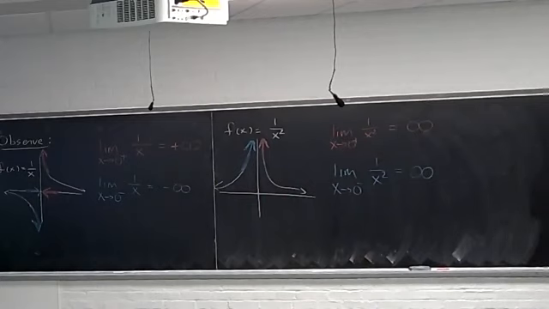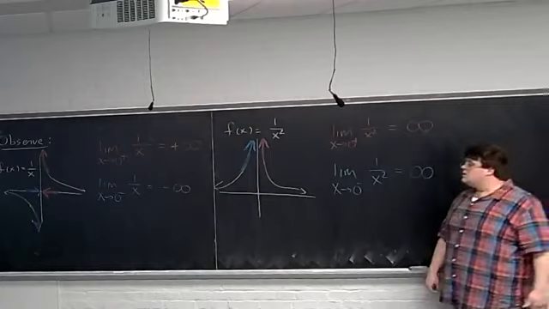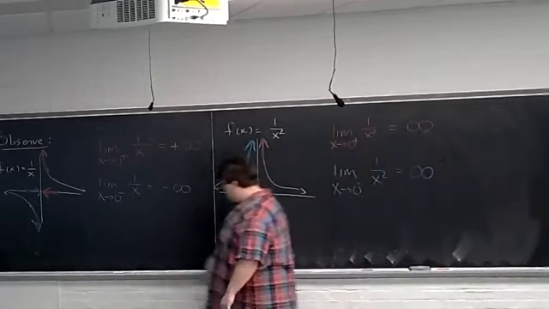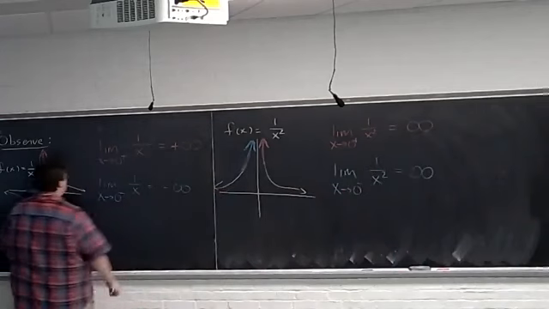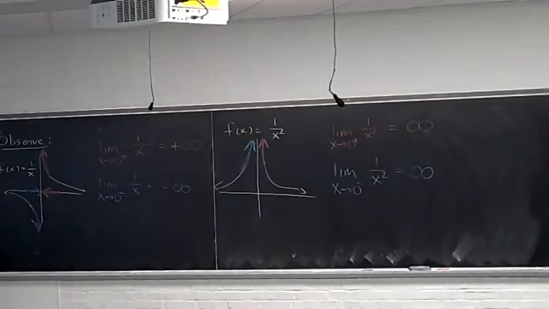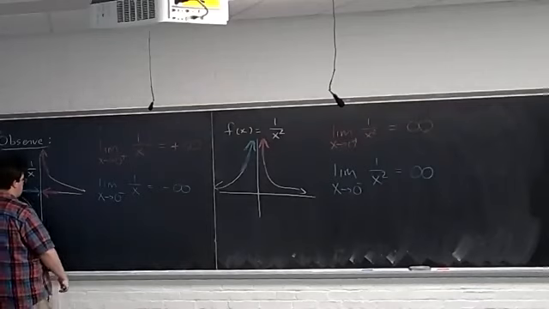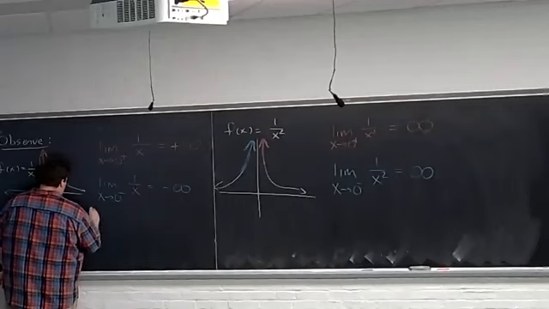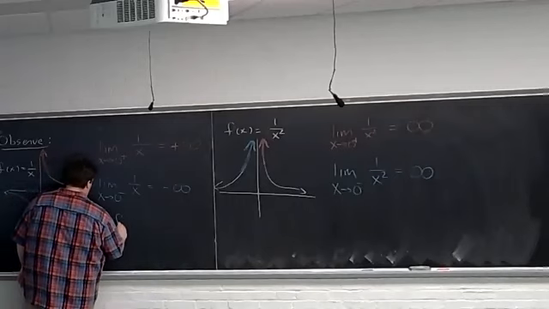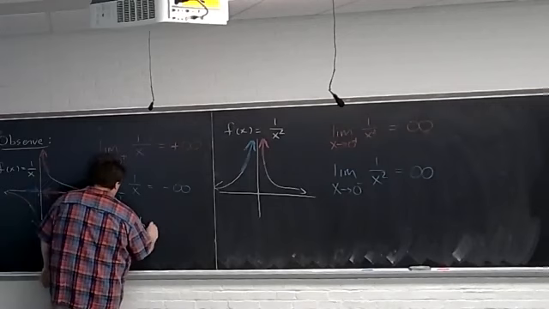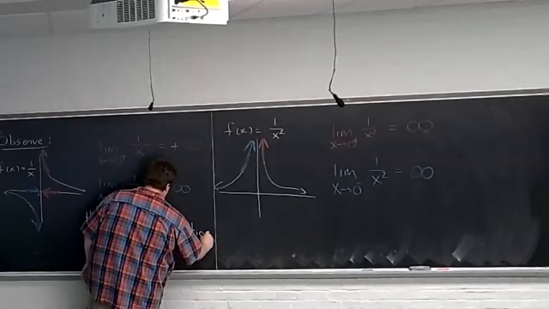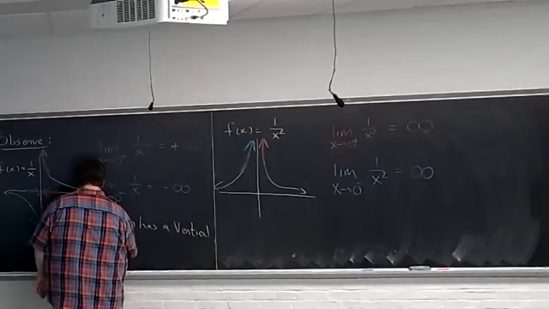Now, in these cases, we would say that this curve or the other curve has a vertical asymptote at x equals 0. So here, f of x has a vertical asymptote.